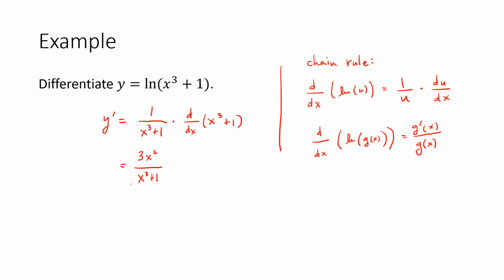And you see that's exactly what we have here, right? It's g prime in the numerator, 3x squared, which was the derivative of the inside of the logarithm, over x cubed plus 1.